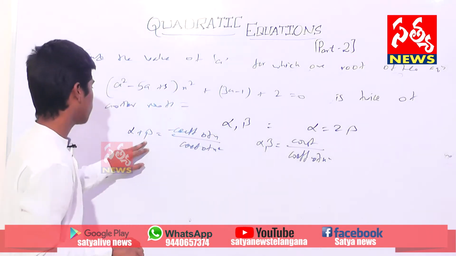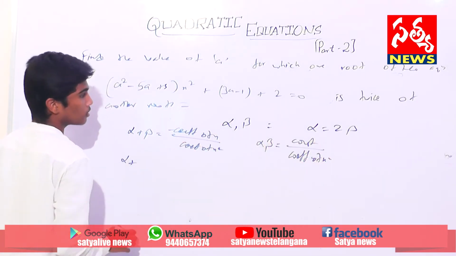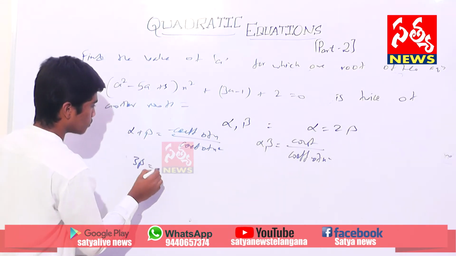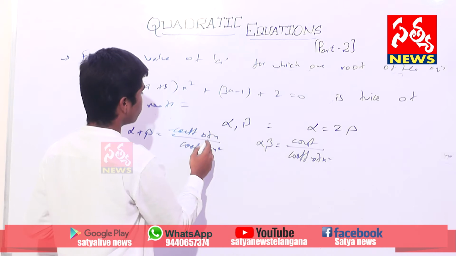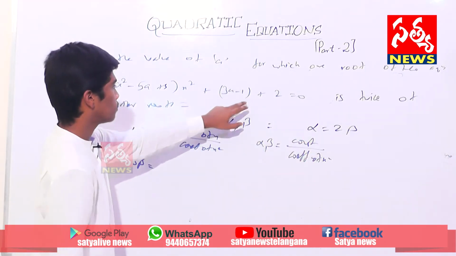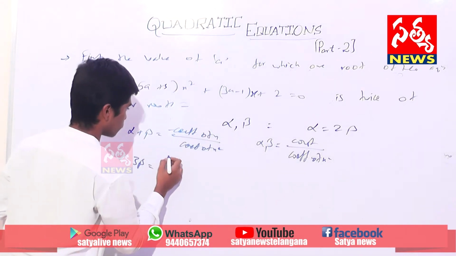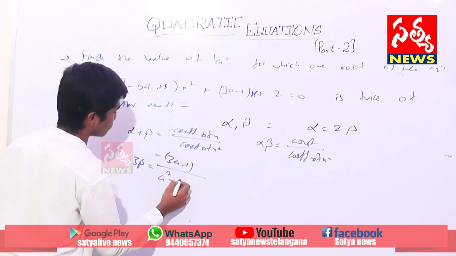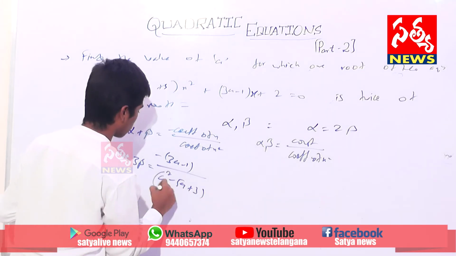So now taking this, alpha = 2 beta, so 3 beta = minus coefficient of x. Coefficient of x is 3a - 1.